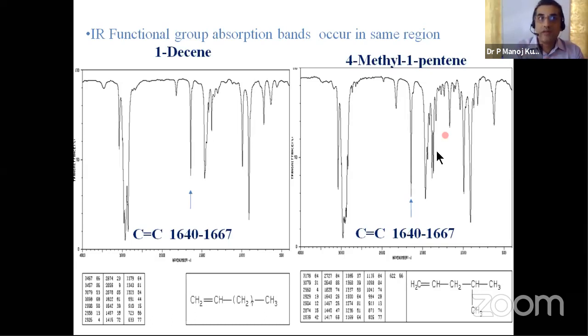What all does it reveal? The type of the double bond, whether it is aliphatic or aromatic. If the carbonyl group is present, what could be the functional group? A lot of information it gives you. So for the preliminary analysis of a molecule, it's a very useful and powerful technique.